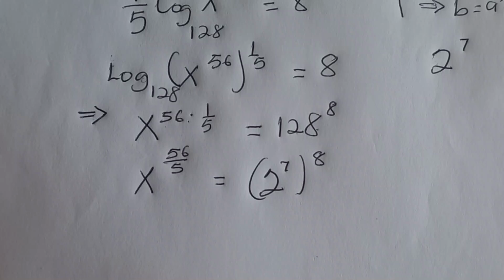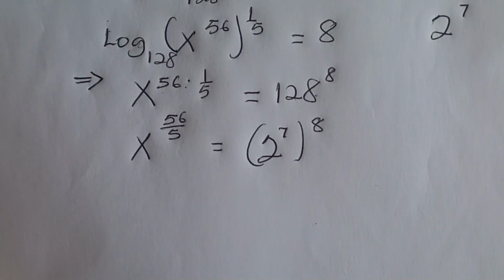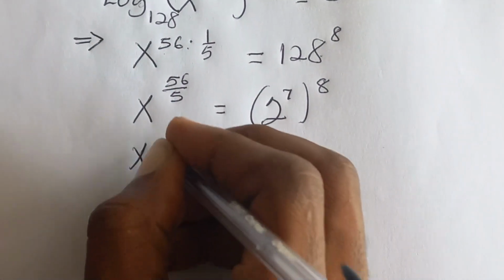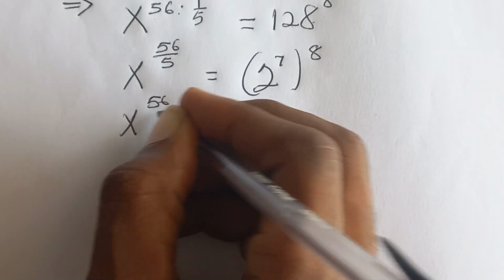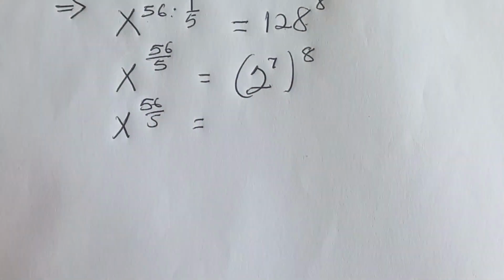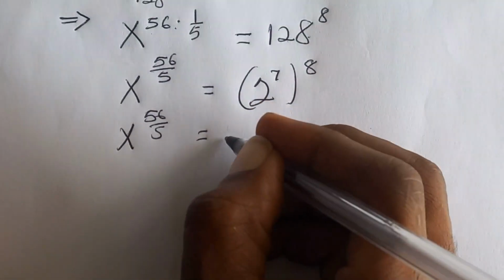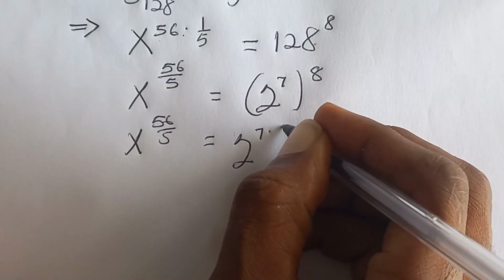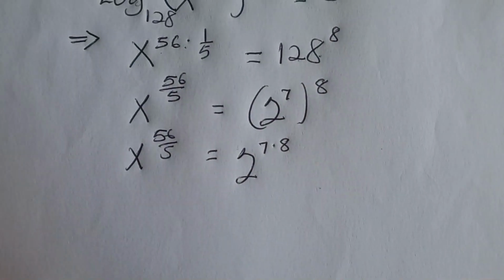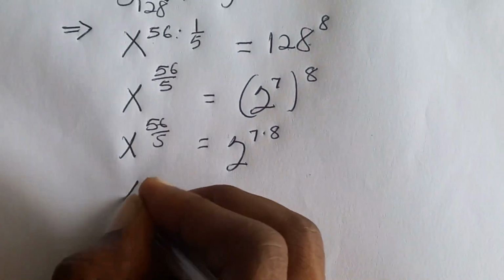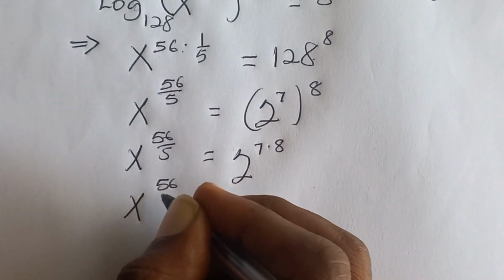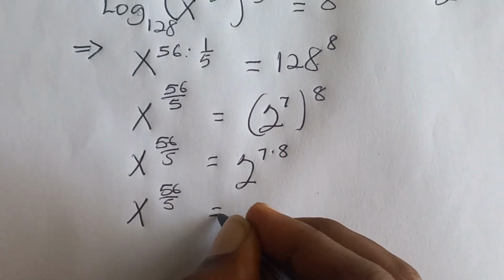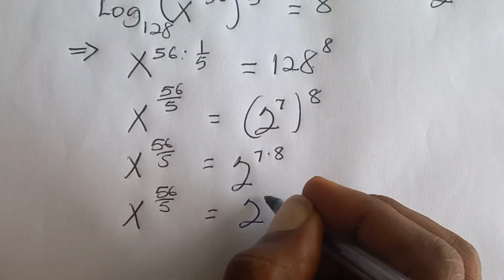So x exponent 56 on 5 is equal to 2 exponent 7 multiplied by 8, so we are going to get 2 exponent 56.